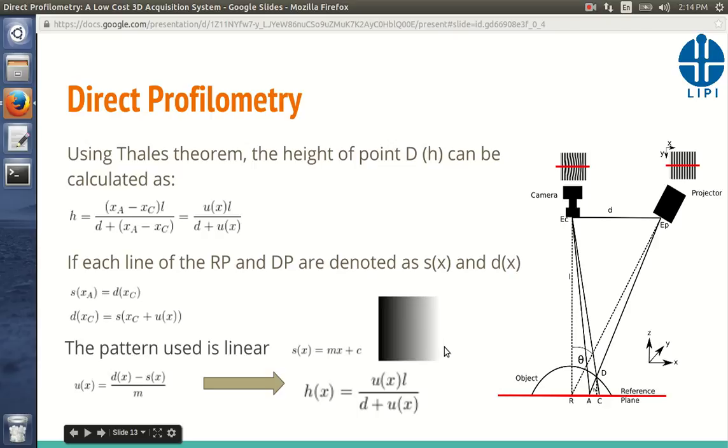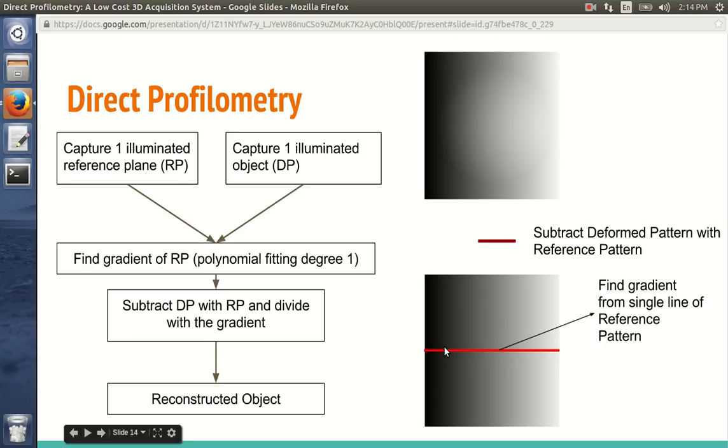Okay, so basically the direct profilometry is like this. We capture one illuminated reference plane, and then we capture one illuminated object, and then find the gradient of the reference pattern. We just take a single line of the reference pattern, find the gradient, then subtract the deformed pattern from the reference pattern and divide by the gradient.